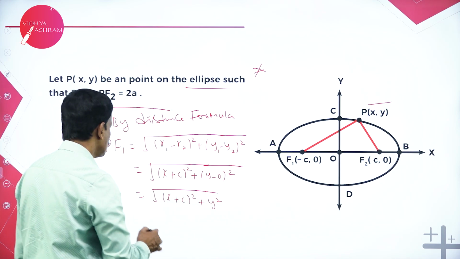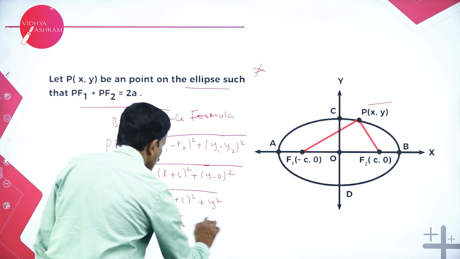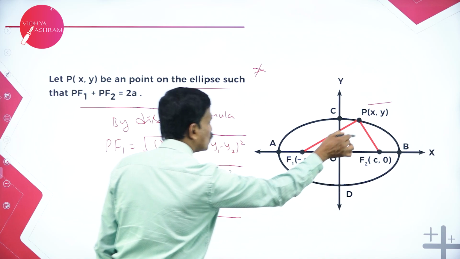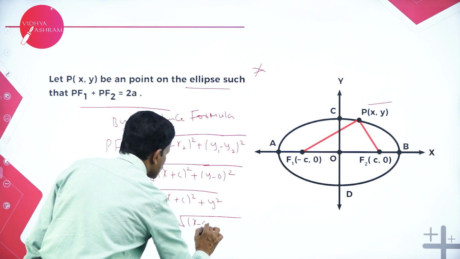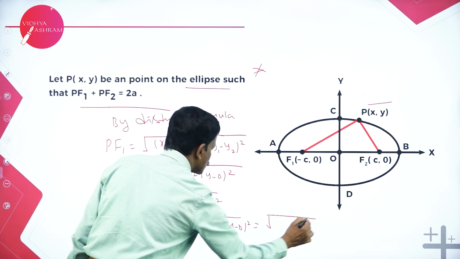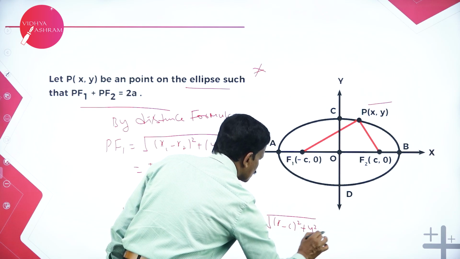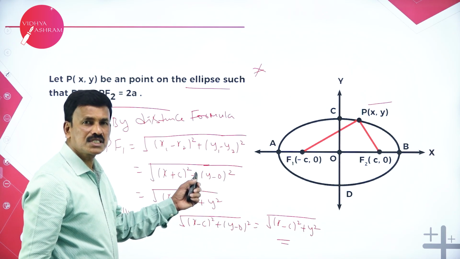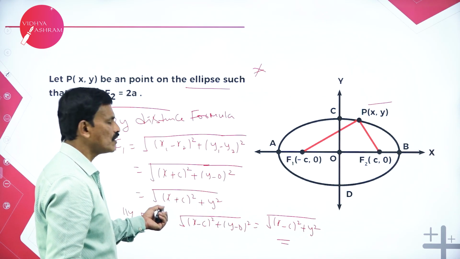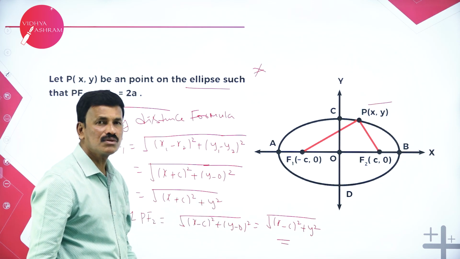This is PF1. Similarly, the distance PF2 is equal to root of (x minus c) whole square plus (y minus 0) whole square, that's equal to root of (x minus c) whole square plus y square. So by the distance formula, PF1 is root of (x plus c) whole square plus y square and PF2 is root of (x minus c) whole square plus y square.